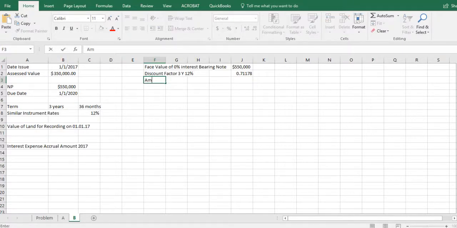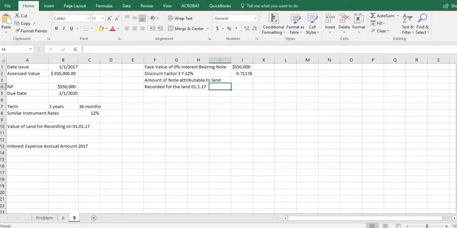So the amount of the note attributable to the land, so this is what would be recorded for the land on 01/01/17, is going to be... Now that doesn't make sense. What did that do? Oh, because I did it as a minus. My apologies. It is $391,479.